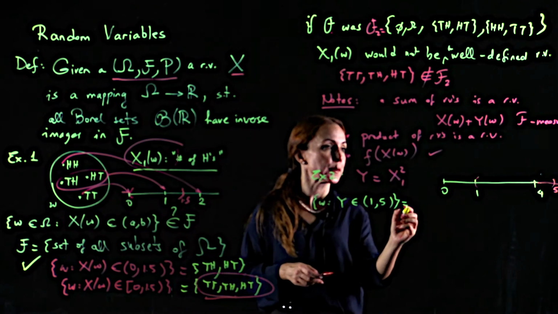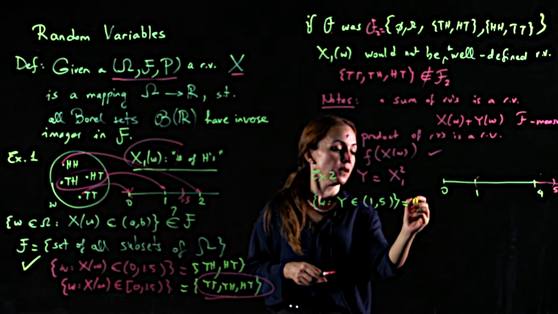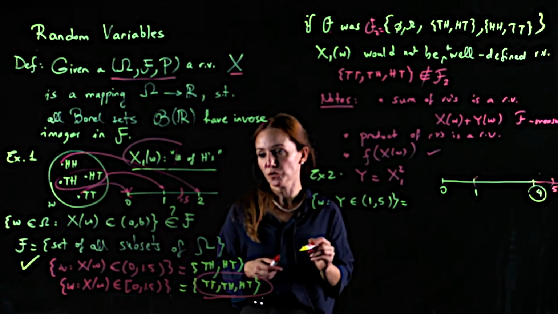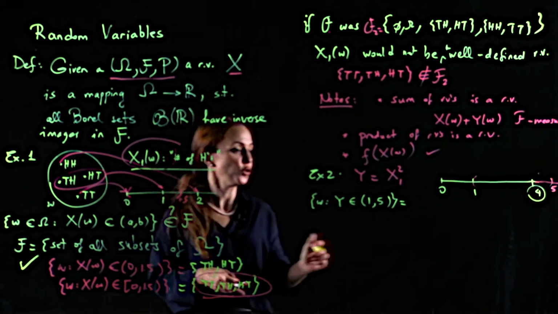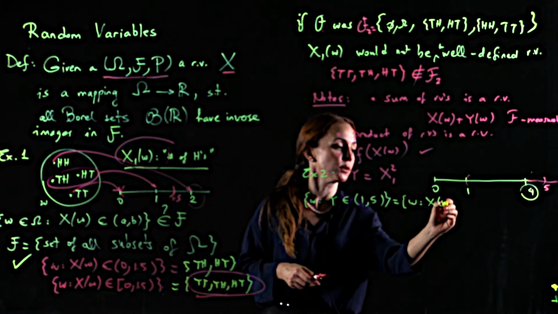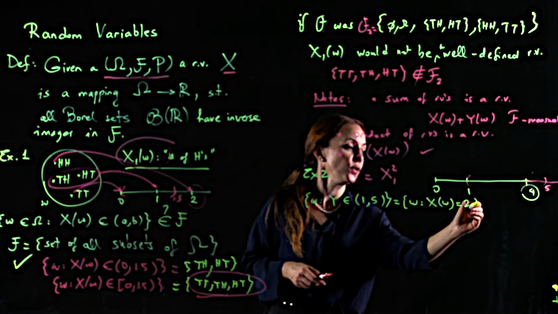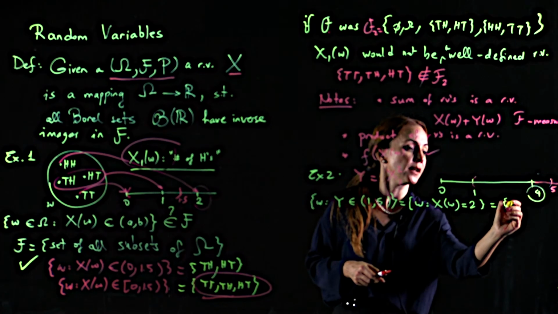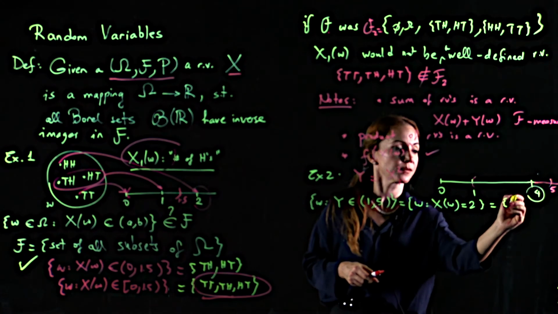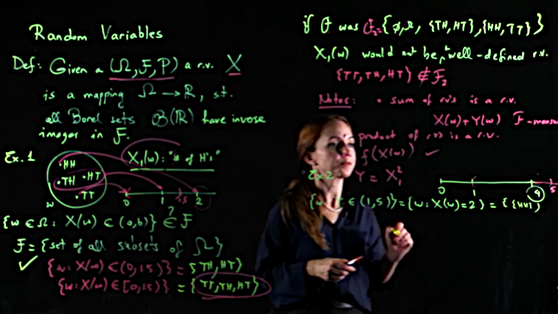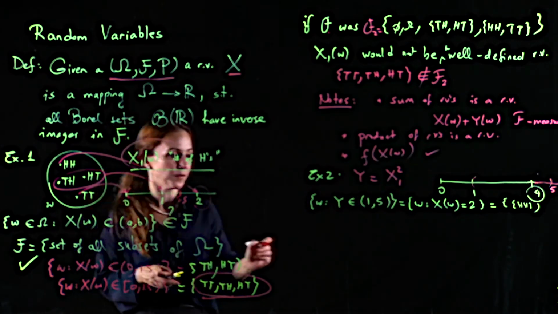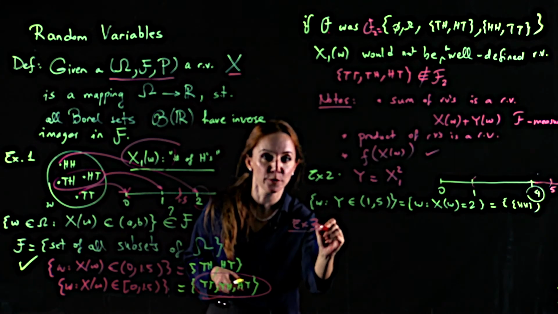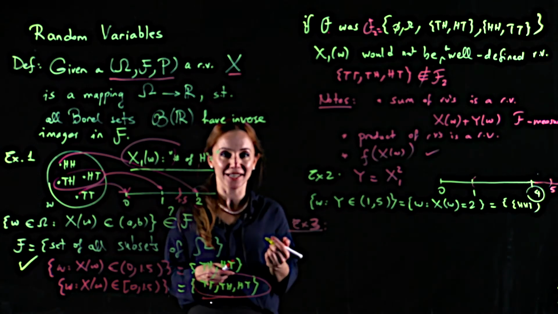When Y takes the value 4, X takes the value 2, so that is w such that X of w is 2, and that is the event HH.